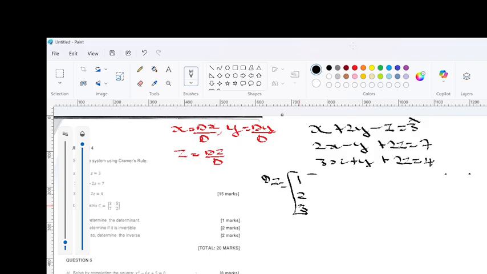From the coefficient of x, we go to the coefficient of y, which is 2, -1, and 1. Okay, then from there we go to 3, 7, and 4. The z part has been left out. So these are the coefficients that we're going to use to find what?